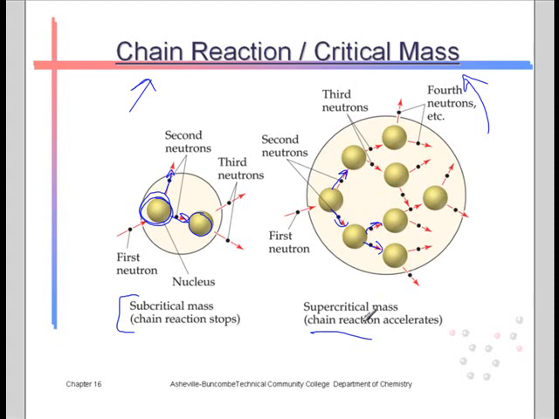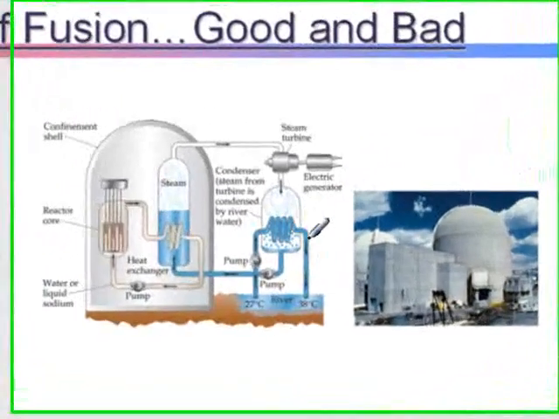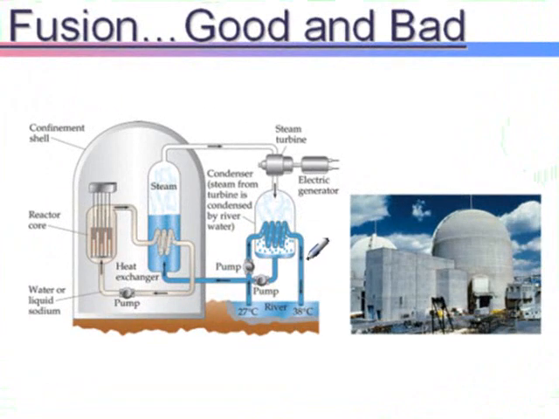Now this chain reaction, if you can control it, you can do pretty neat things like generating electricity. In this portion of the diagram, you have the reactor core. This is where your radioactive material is, where the nuclear chain reaction is occurring, inside these control rods here. The heat generated from the control rods heats up, who knows, maybe antifreeze.